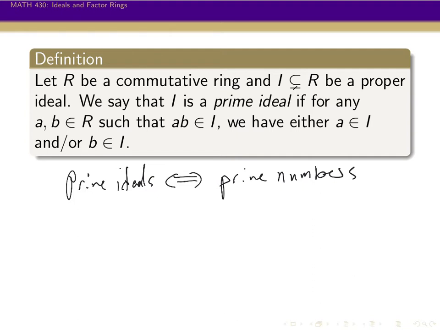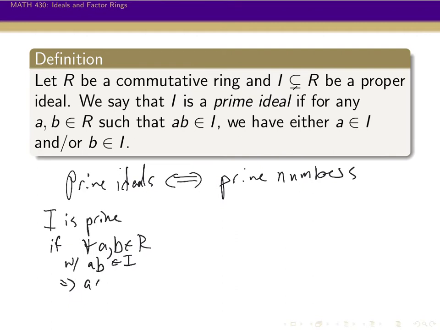We say that I is prime if for any a and b in R with ab being inside I, that implies that a is inside I or b is inside I. So how is this mirrored over in the prime numbers? Well, we say that p is prime in the integers.